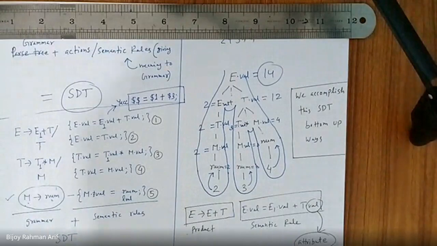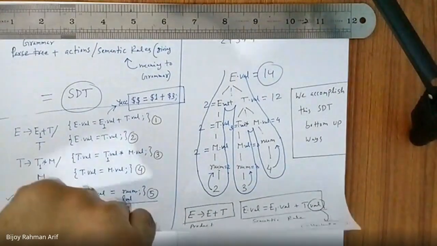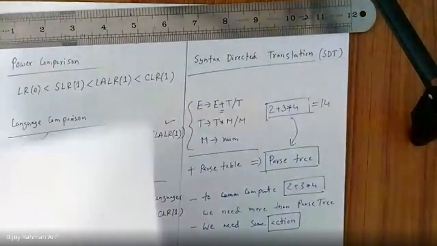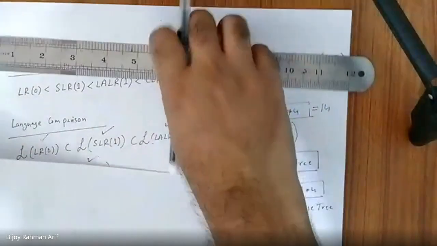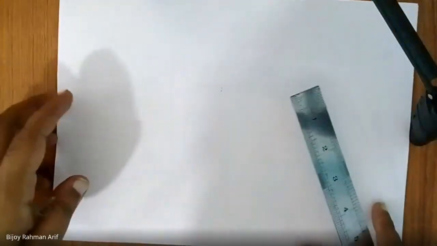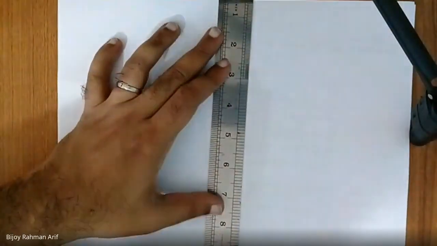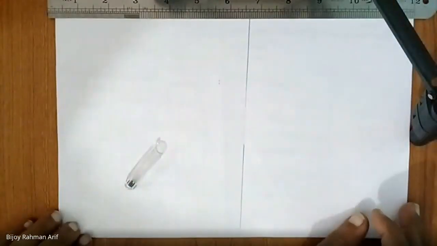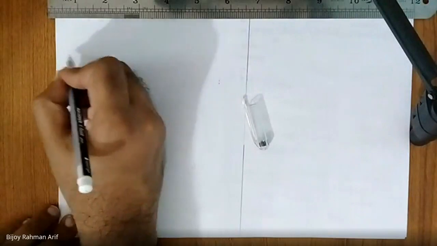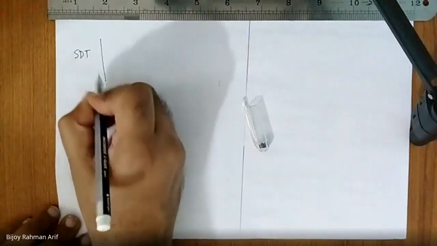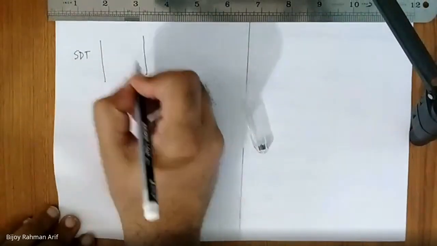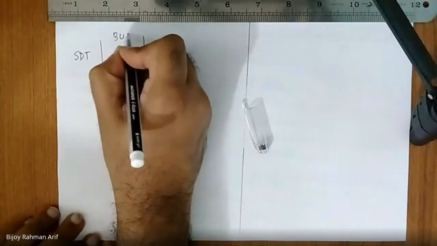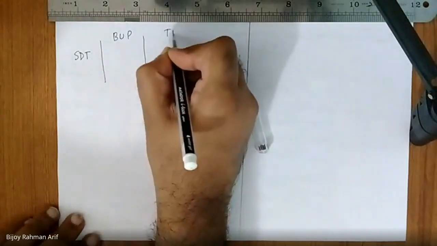Okay, so get the difference. SDT, one is BUP, another is TDP.